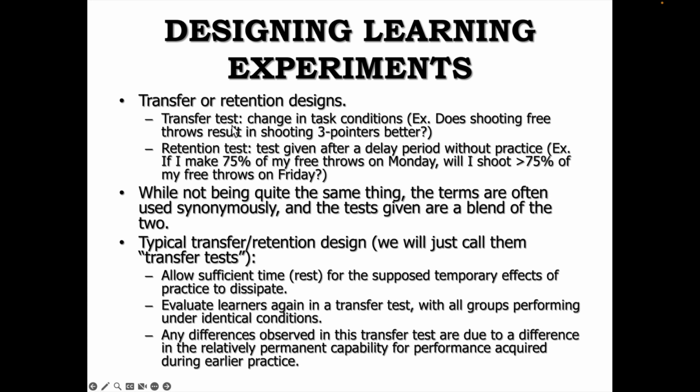Whereas a transfer test looks at whether one skill transfers to another skill, or whether working on a skill in one condition transfers to another condition, a retention test looks at whether the same test is performed better or worse across a period of time when you don't actually practice.